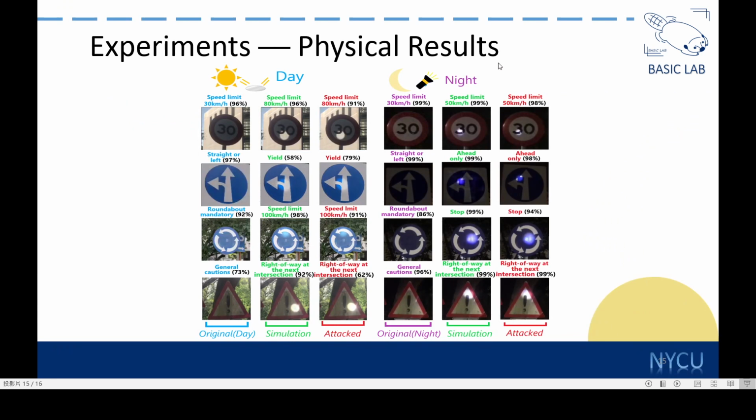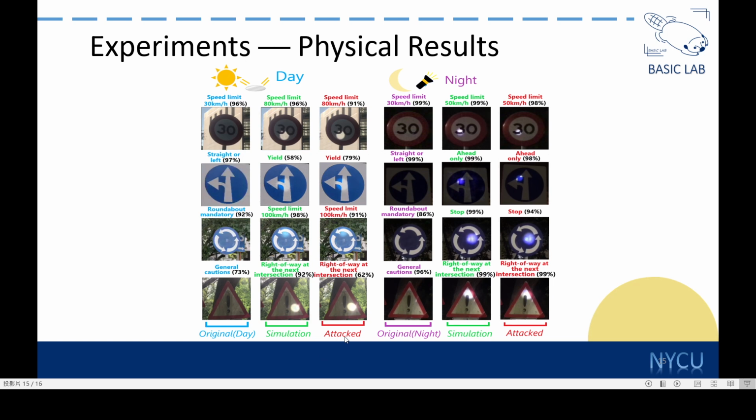So as you can see in the results here, it has two parts, the day part and the night part. For each part, the leftmost column is the original result, and you can see the prediction result and confidence of each class. The middle column is the simulation in the digital domain.